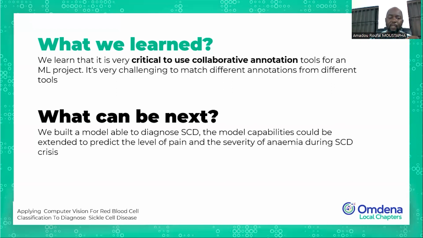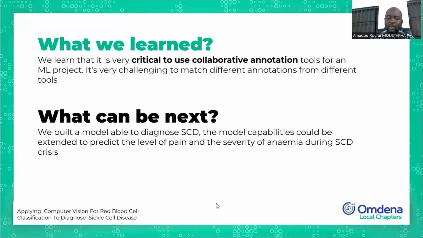So we recommend extending our application so that it could predict the level of pain. Knowing the level of pain, the medical practitioner will adjust the amount of medicine and the type of medicine that he is going to prescribe to the patient.